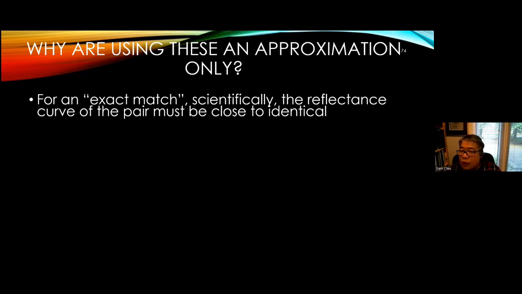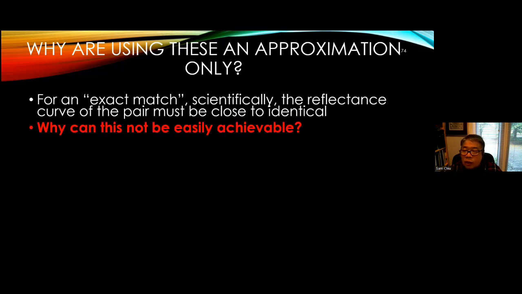You saw the three chips, A, B, and C. That is actually a blown-up scale where we exaggerate one end of it. In some cases, they are very close under certain light. But an exact match means the reflectance curves have to match. Why can we not achieve this?